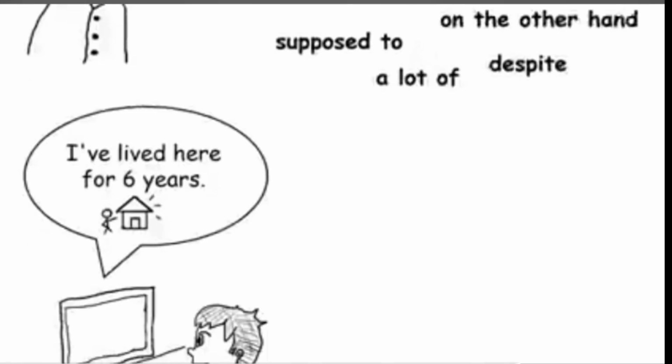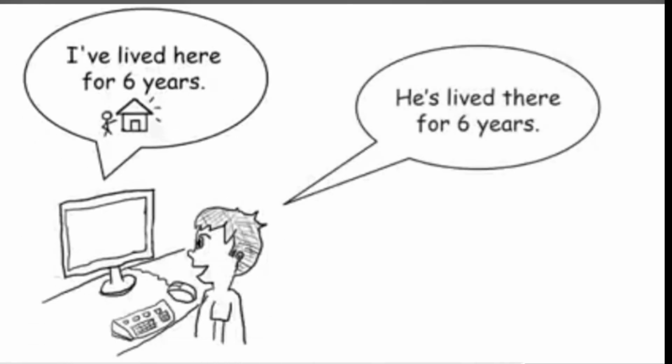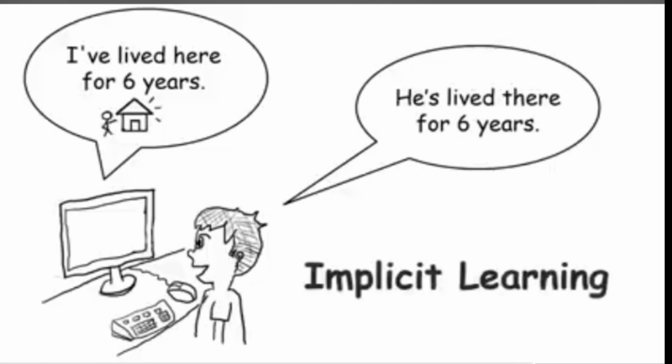Okay, and you can also learn different kinds of expressions on a daily basis by doing this imitation technique. And believe me, this implicit learning is a very effective method.